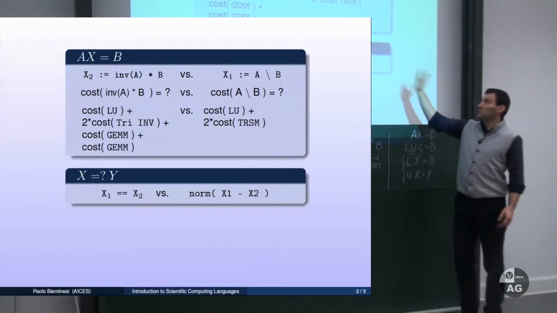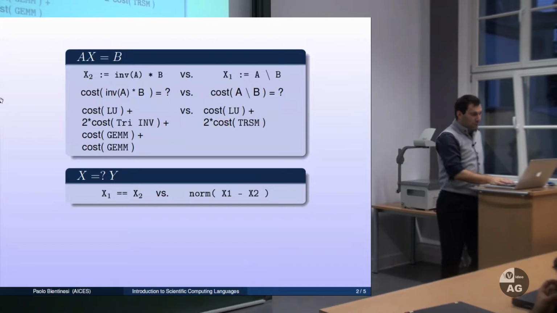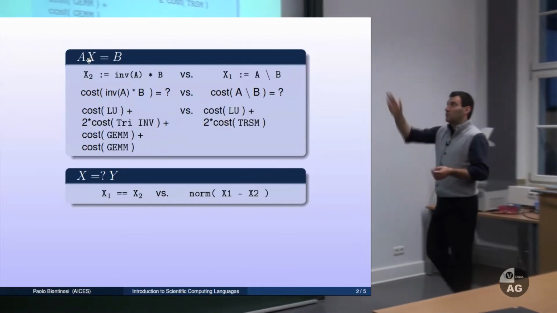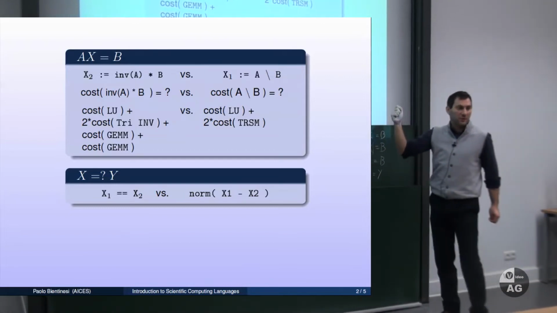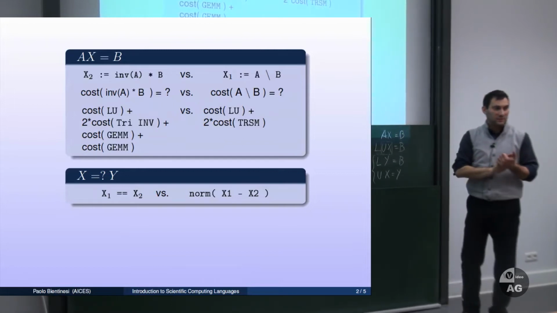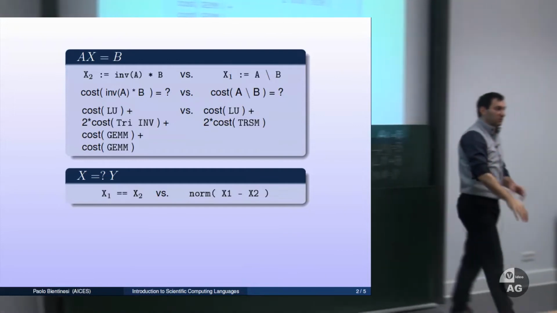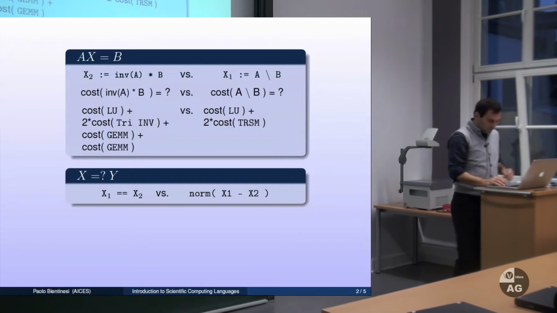So for instance, if we want to see whether we really computed the right solution, we can put our solution back here, multiply everything out, subtract b, and then we don't ask ourselves whether the outcome is 0. That's not going to happen. Instead, we look at the norm. And if the norm is small enough, then we're happy. That's the way to go.